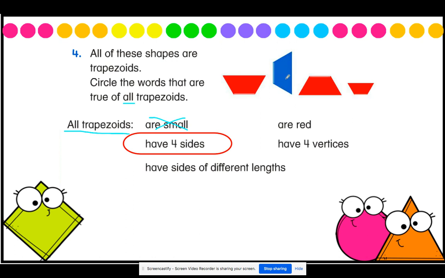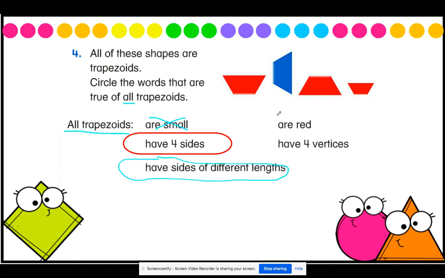Yes, they're all different lengths. How about the third? Does this trapezoid have sides of different lengths? Yes. And the last, do all of these have sides of different lengths? Yes. So not all sides of a trapezoid are the same. So they all do have sides of different lengths. All right, so we're going to circle that one.